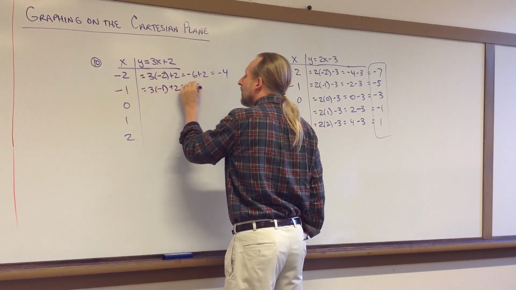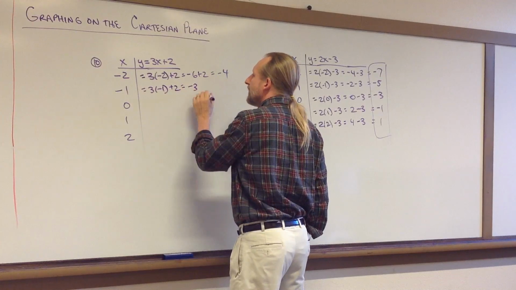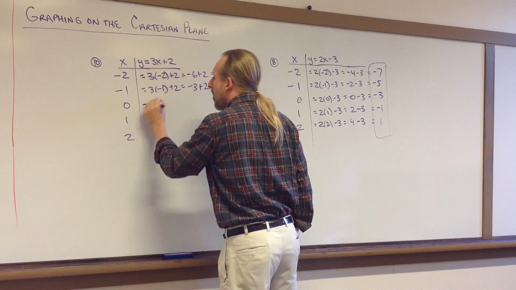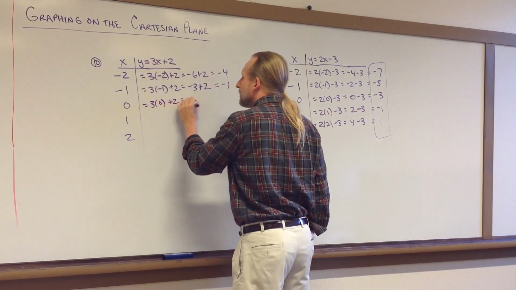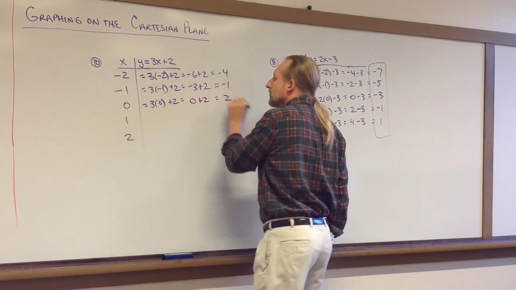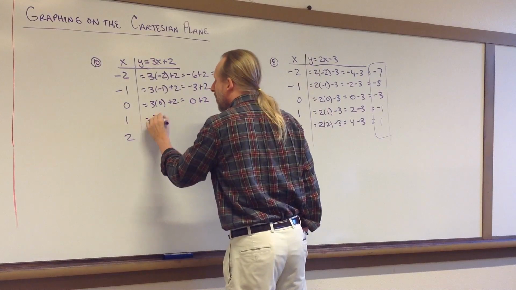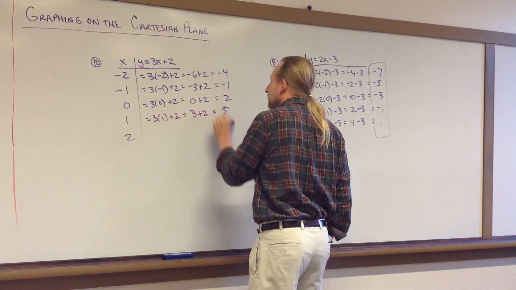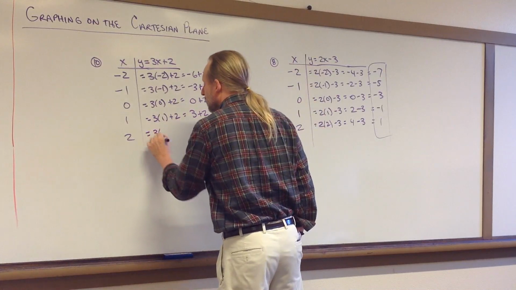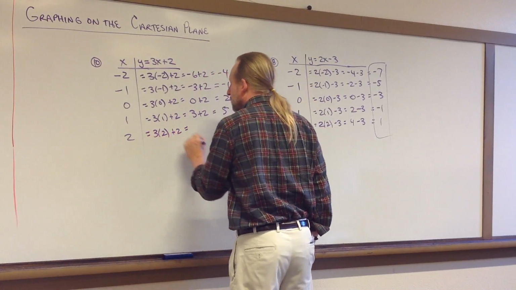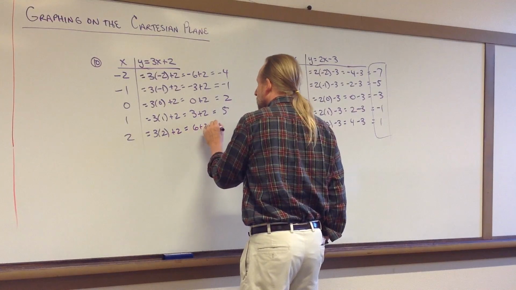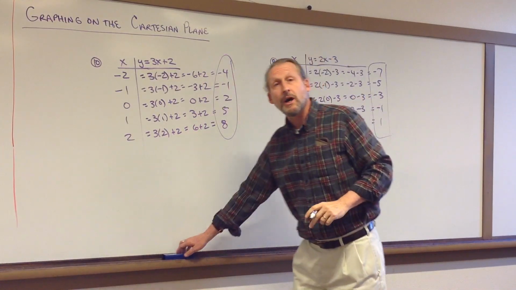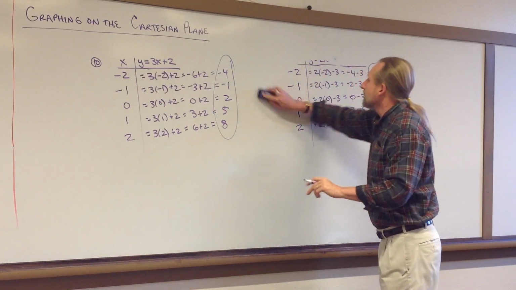Plug in the negative 1, so that'll be negative 3 plus 2 is negative 1. Plug in the 0. 0 plus 2 is 2. Plug in the 1. 3 plus 2 is 5. And then if we plug in this last value, the 2, that'll give us 6 plus 2 equals 8. And there's all the y values that we wanted to calculate.